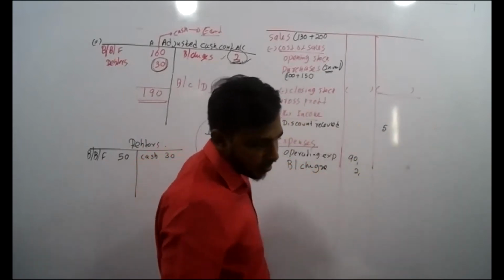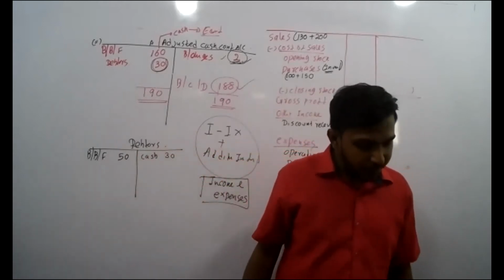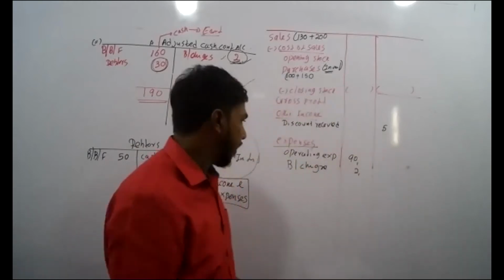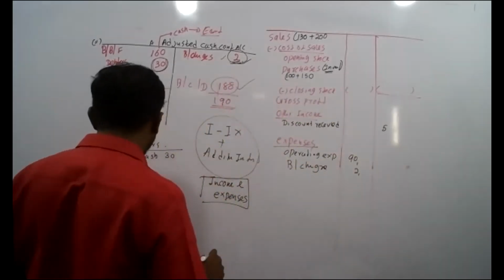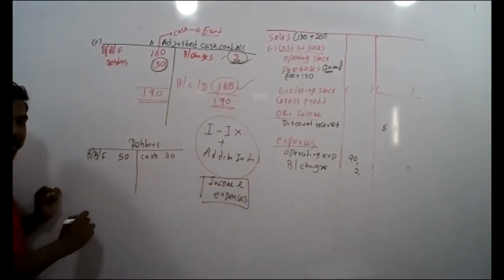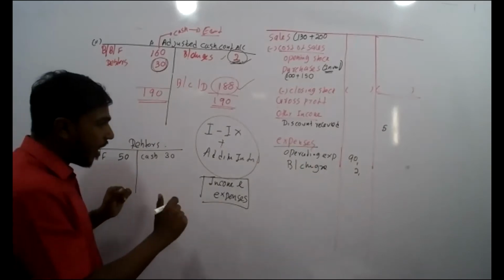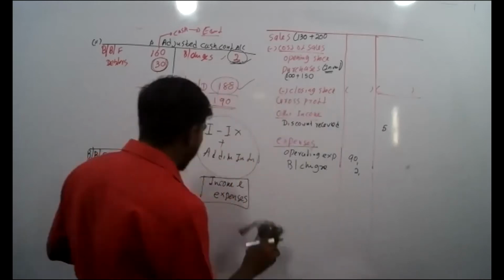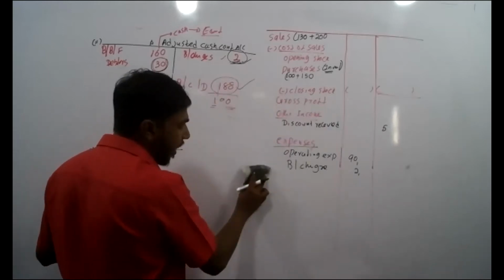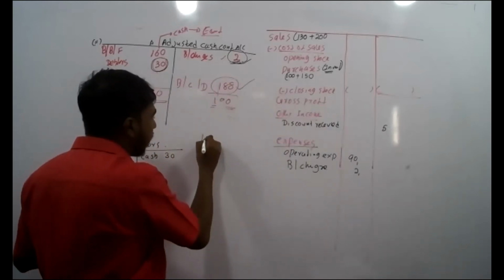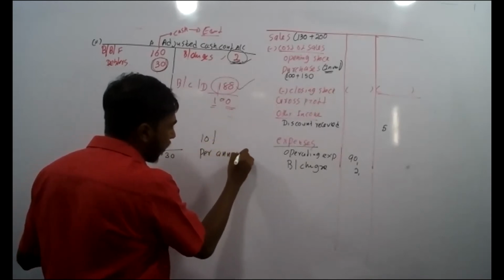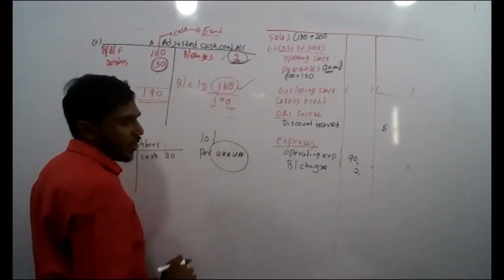Then what else? Property, plant and equipment should be depreciated 10% per annum. How much was the depreciation then? Be careful here. It says 10% per annum, that means annual depreciation is 10%.